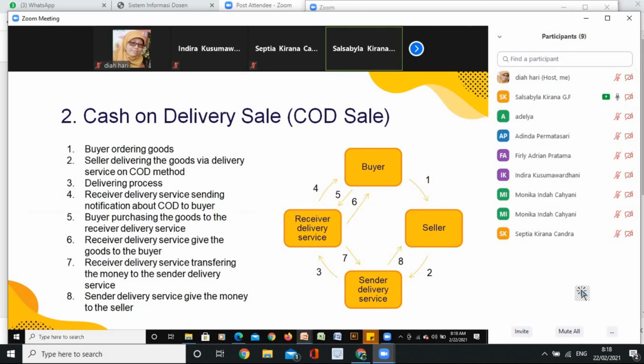The receiver delivery service sends a notification about the order to the buyer, so the buyer can be ready to pay for the item. Then the buyer pays for the goods to the receiver delivery service, and the receiver delivery service gives the goods to the buyer. After that, the receiver delivery service transfers the money to the sender delivery service. And last, the sender delivery service gives the money to the seller.